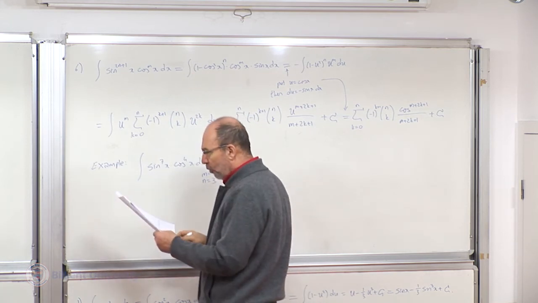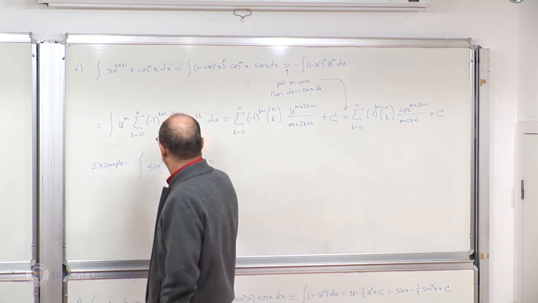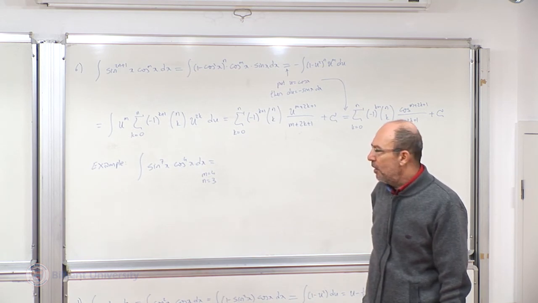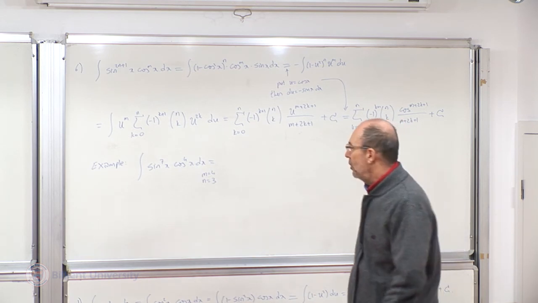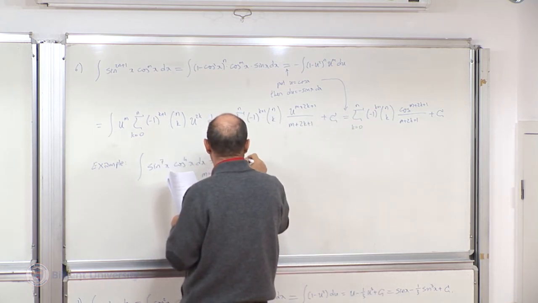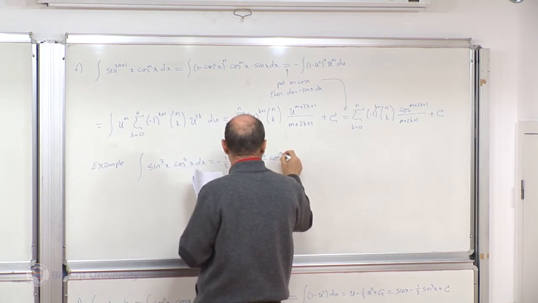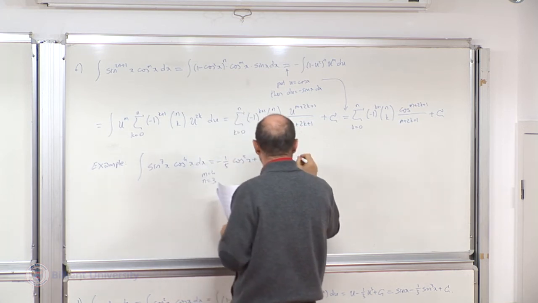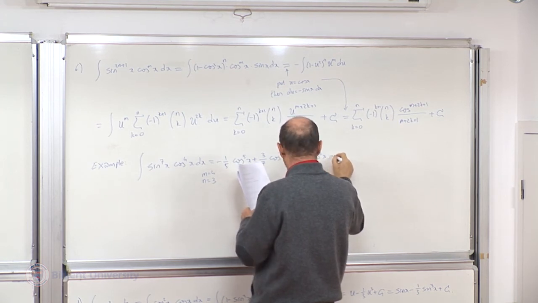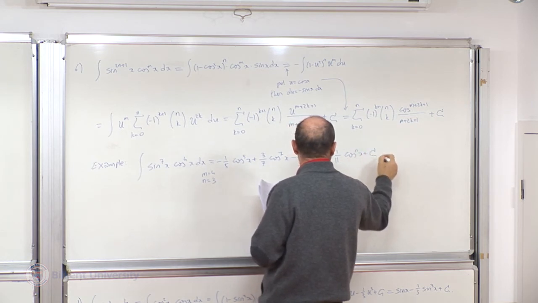So you have the same coefficients, but the sign changes, because the formulas are symmetric, except that one of them is minus 1 times the other, and sines are changed into cosines. So minus 1 over 5 cosine 5x plus 3 over 7 cosine 7x minus 1 over 3 cosine 9x plus 1 over 11 cosine 11x plus c.